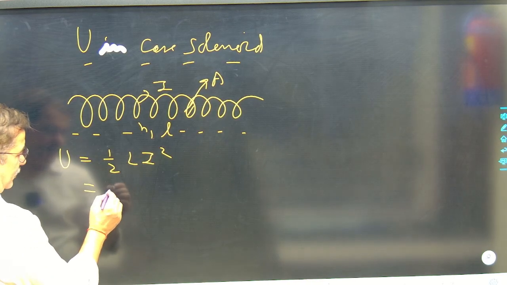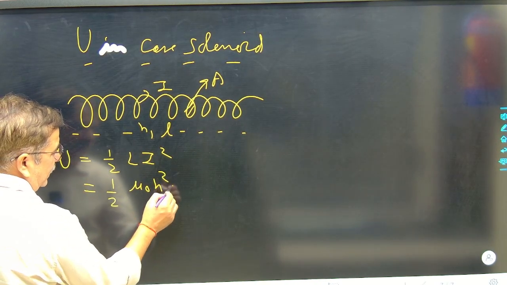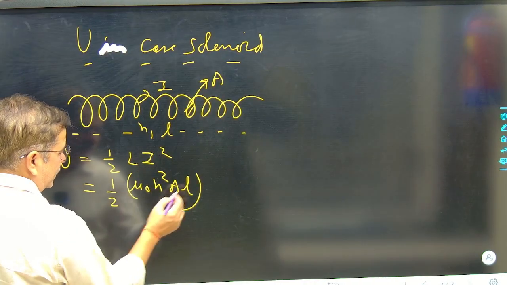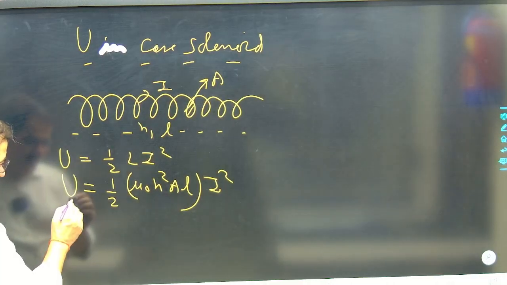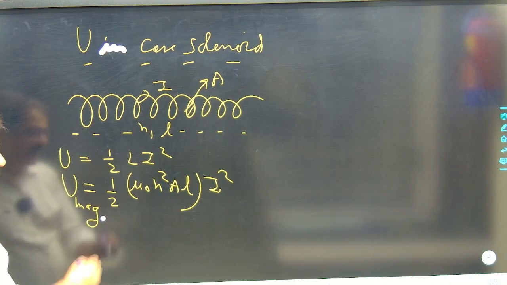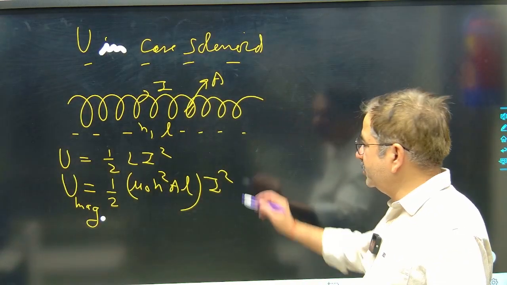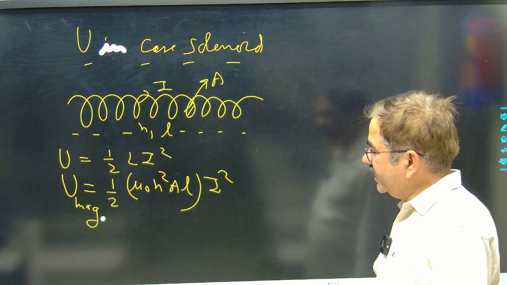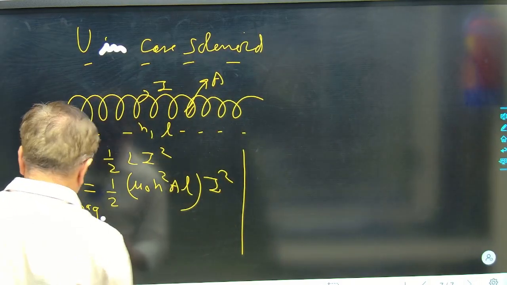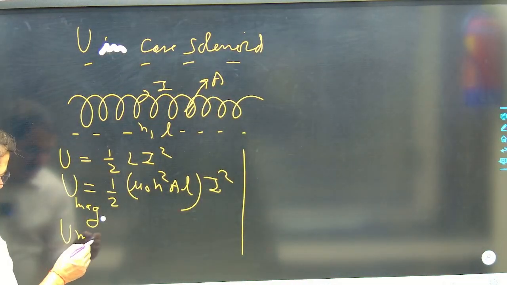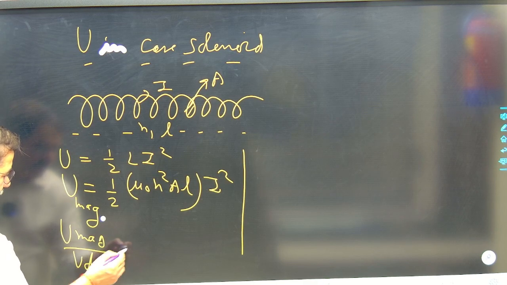Now for L of the solenoid, which we have done, the energy U is half mu naught N square A into L into I square. This is the total magnetic energy stored in the volume of the solenoid. Now, if I divide this energy U magnetic by the volume, what will I get?